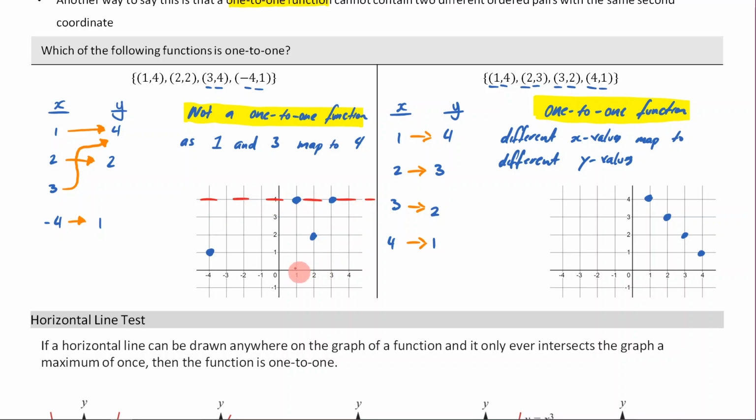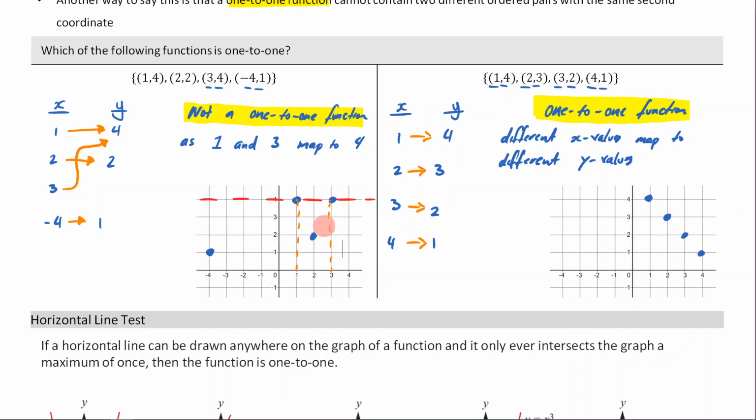And what that's saying is that, if I grab another color here, both 1 produces 4 and 3 produces 4. So because they're horizontally aligned, I can immediately tell you that this is not a one-to-one function because clearly my different x values do not map to different y values.